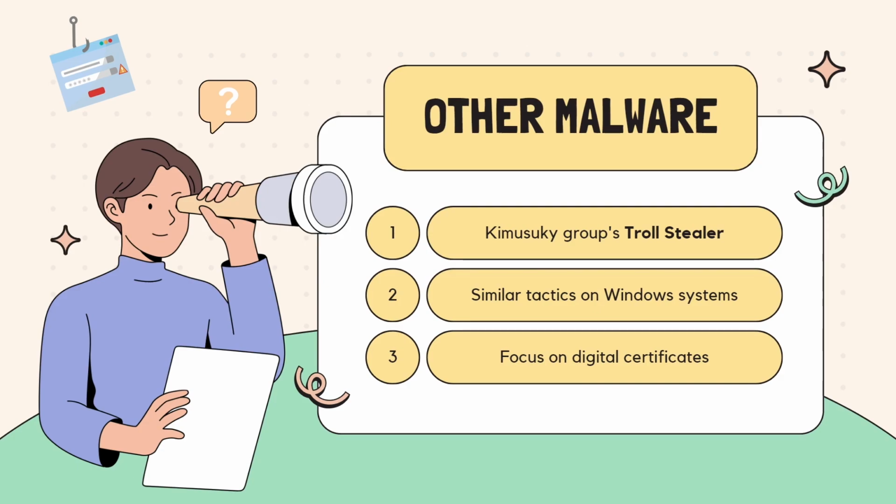Earlier this year, the Kimsuky group used a similar tactic with their Troll Stealer malware on Windows systems. Both malware types focus on stealing digital certificates, highlighting a trend in targeting secure authentication methods.